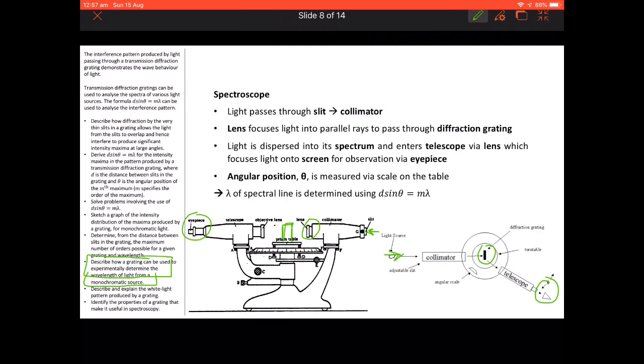Because you've been able to determine this angular position via your scale on the table, the wavelength of the spectral line can then be determined using our path difference formula.